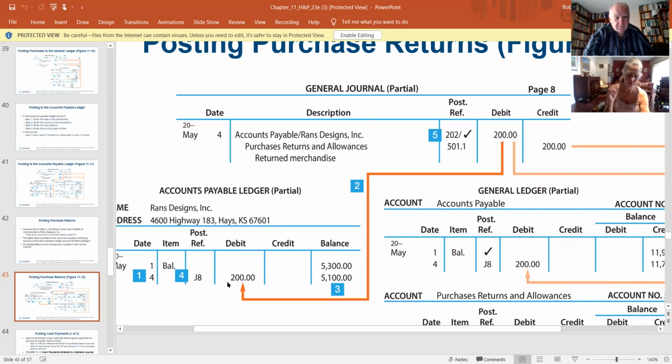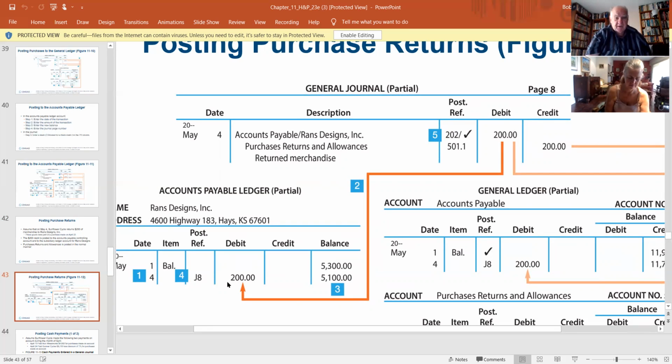So when you're posting purchase returns, you post to which account? Accounts payable. The accounts payable ledger reflects all the debits and credits just to accounts payable. It's your subsidiary. Which is the contra account? Purchase returns and allowances.